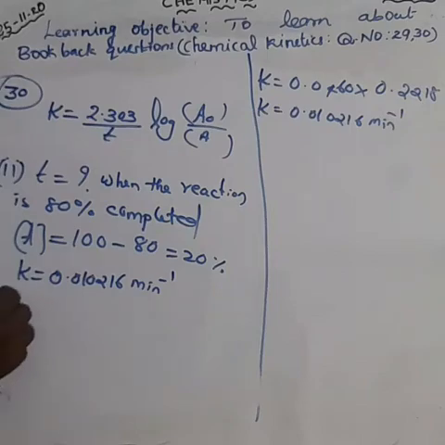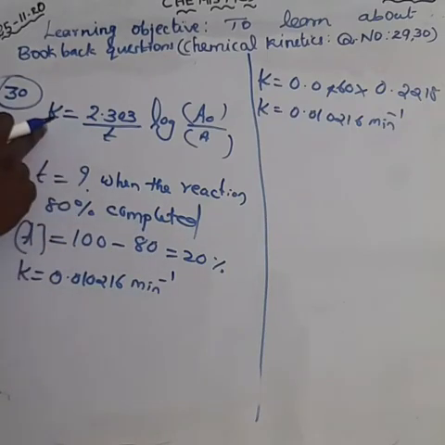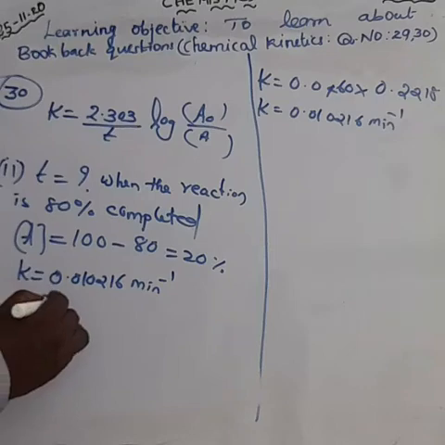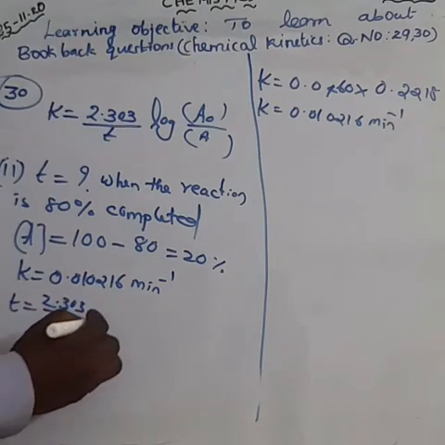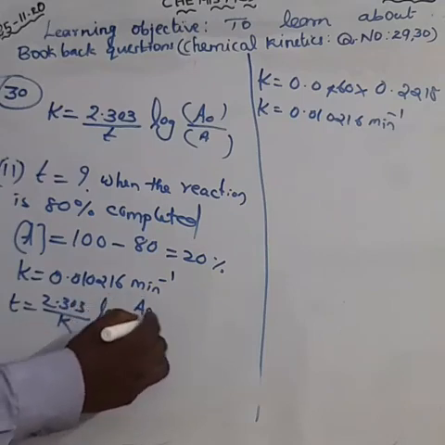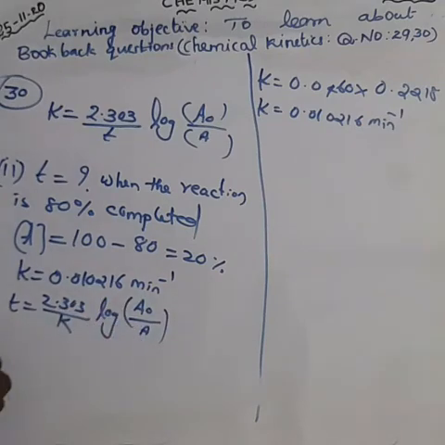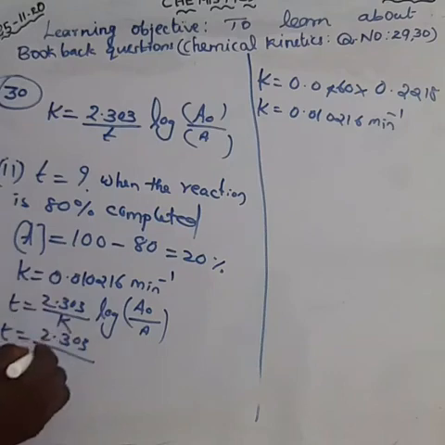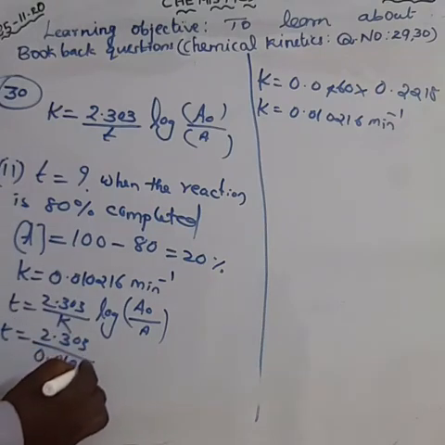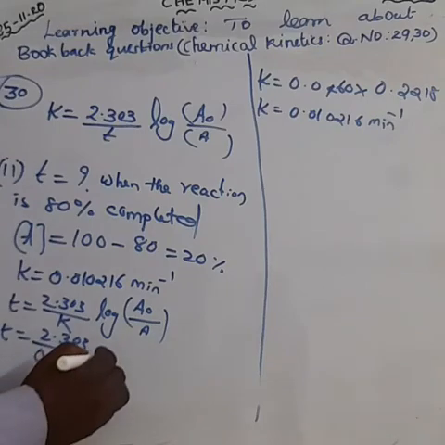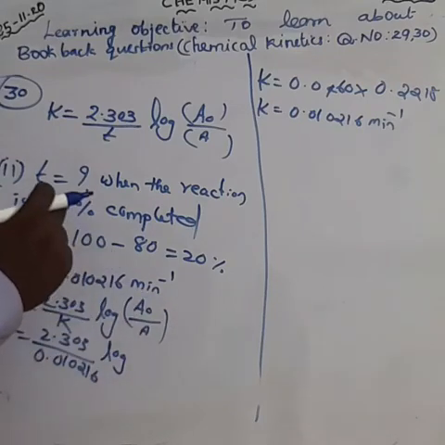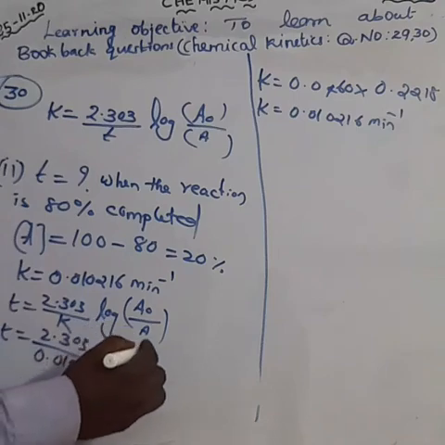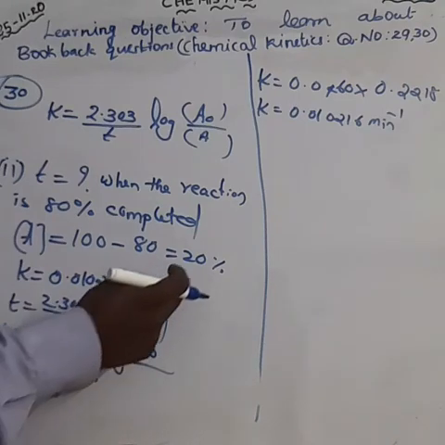That's the K value, so we have to find T. So T is equal to 2.303 divided by K log A naught by A. T is equal to 2.303 by K, which is 0.010216, log of A naught, which is 100%, divided by A value, which is 20.